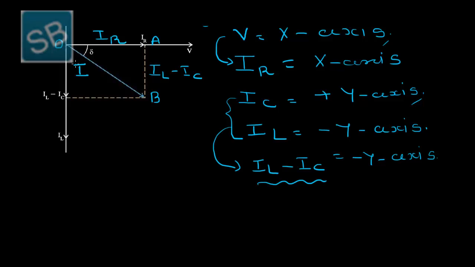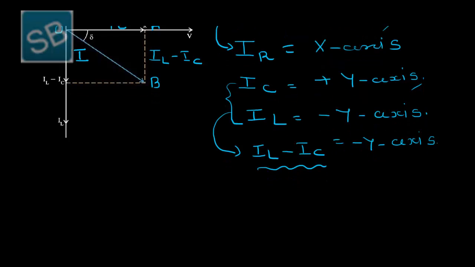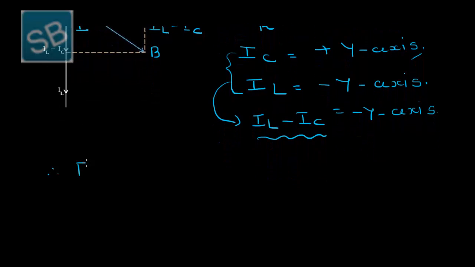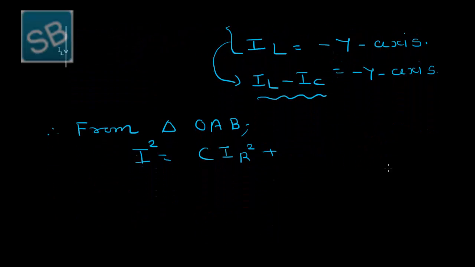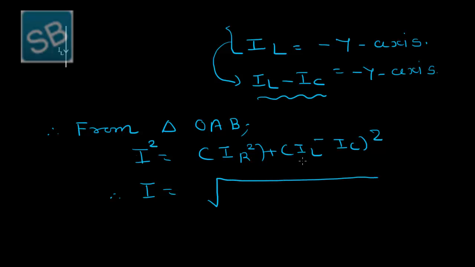Suppose I consider that the total current flowing through the circuit is capital I, then from triangle OAB, the value of electric current I is equal to the square root of IR square plus IL minus IC whole square, because it is the Pythagoras law.